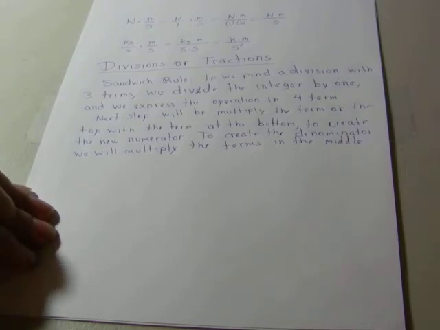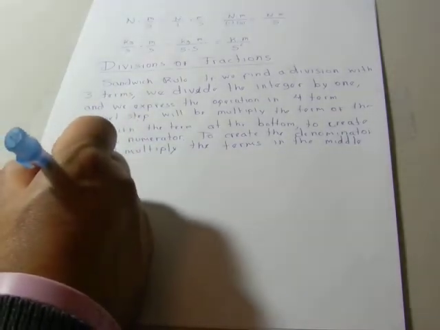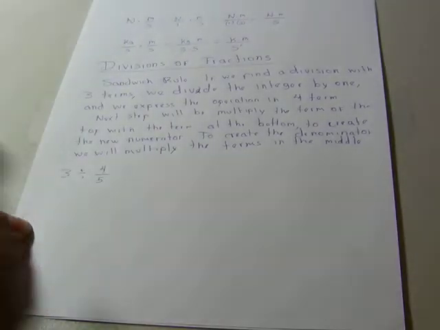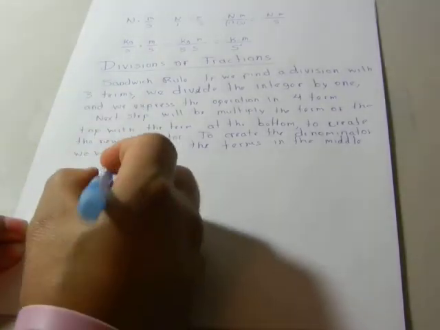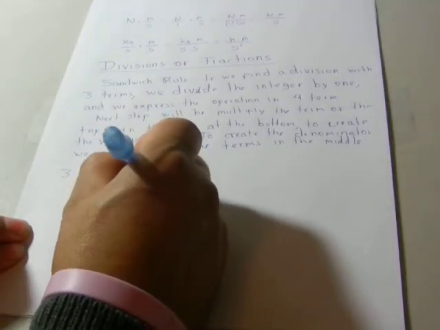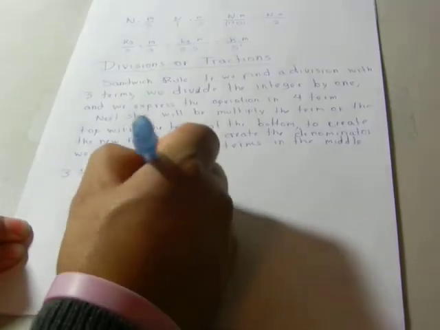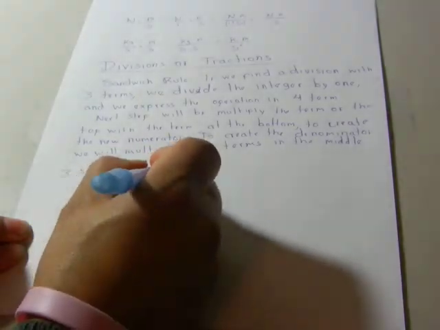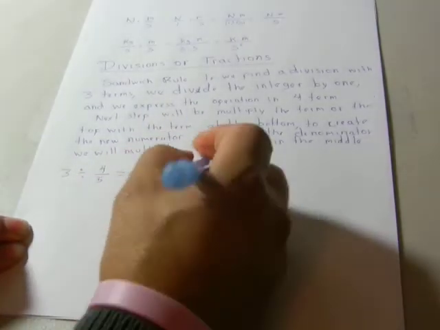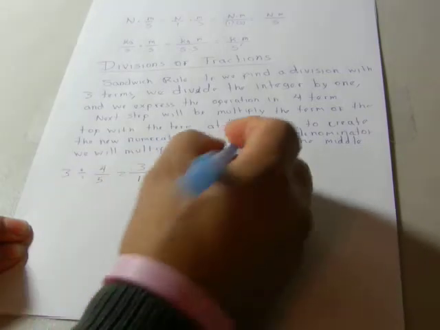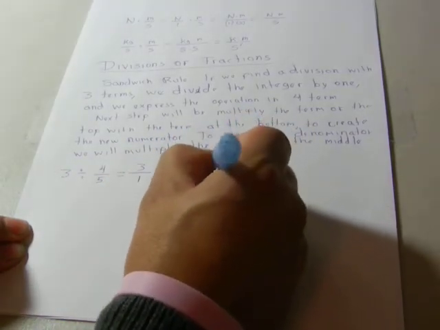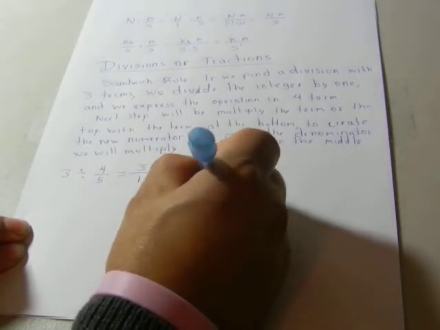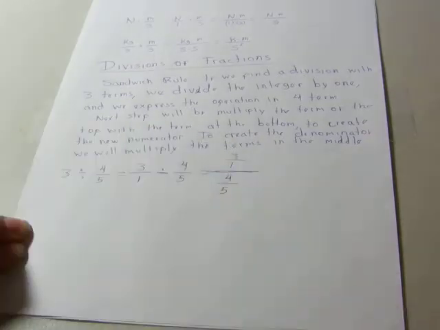Let's try one example. Suppose that we have the expression 3 divided by 4/5. We have an integer and a fraction. So the integer can be expressed in a fractional way. But in this class, it's more simple if we take the first part in the numerator and the second part in the denominator. So we have the main division.